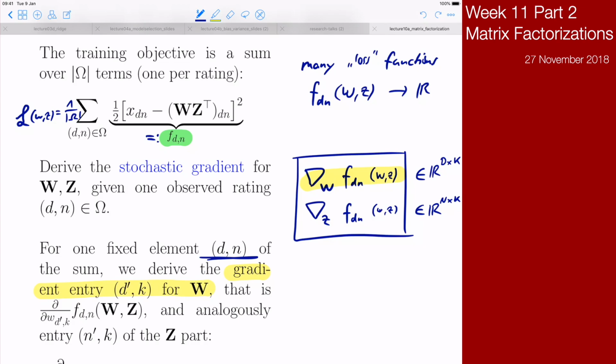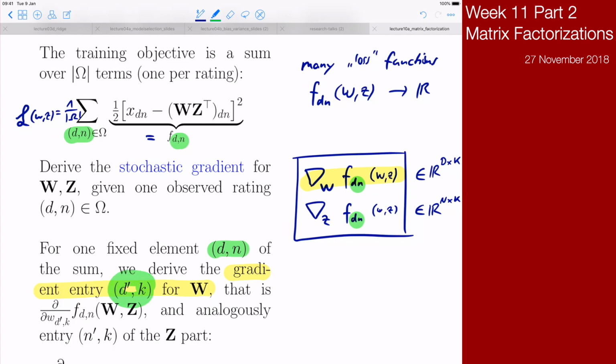Then I should actually give some colors to this. So let's call this entry green. I have picked one entry of the sum. I want to use the W gradient and the Z gradient. Now we want to get the W gradient, the yellow one.